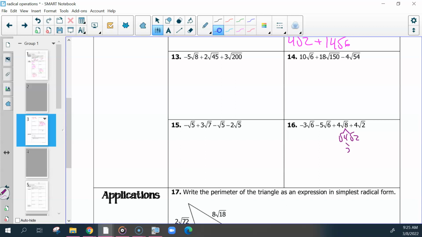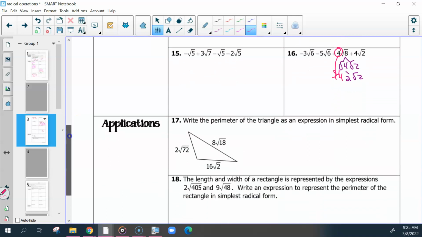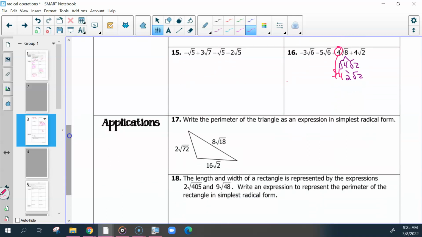So this would give us 2 times the square root of 2. We would bring down that plus 4 along with everything else. And then we could simplify. Negative 3 times the square root of 6 minus 5 times the square root of 6 plus 8 times the square root of 2 plus 4 times the square root of 2.